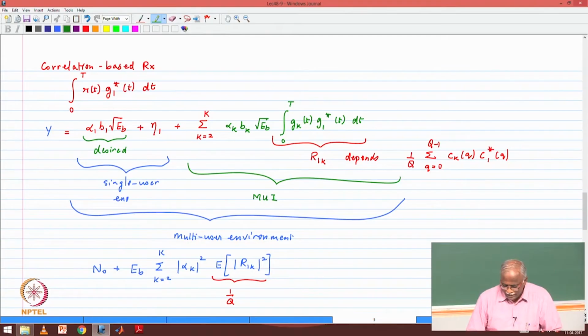So, this is the framework, and I believe we went through and justified that the expressions that we will get are of this form. But let me just pick it up from here and develop it in today's lecture. So, this is where we begin today's discussion. Our key goal is to characterize multi-user interference, MUI.